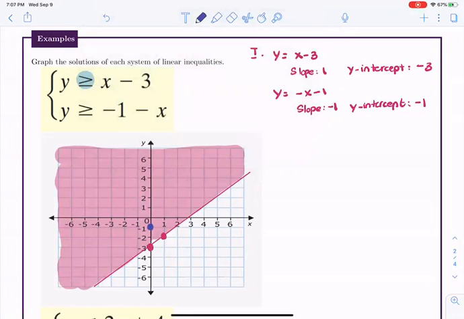And since I'm going to draw a solid line, I'm just going to put a solid dot. And if x is -1, y would be 0. Now I have to draw a line through it.